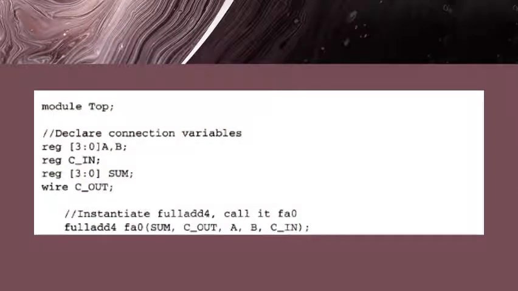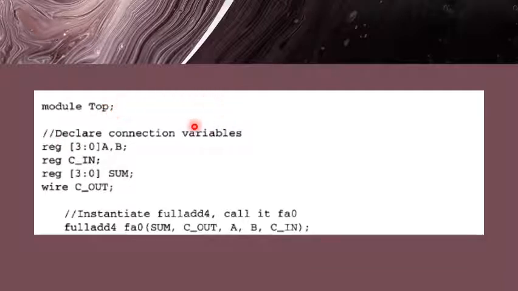Here is an example wherein there is an illegal port connection. I want you to identify, from the knowledge that you have so far, what the illegal connection is here. This is a stimulus block with the module name top.